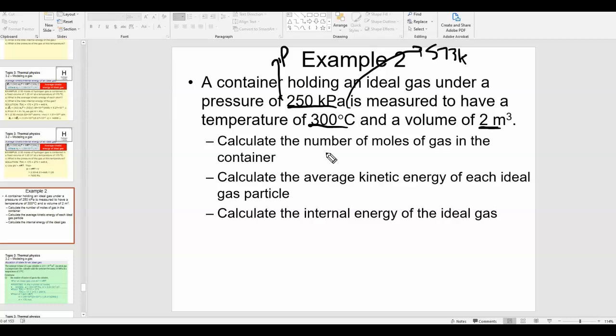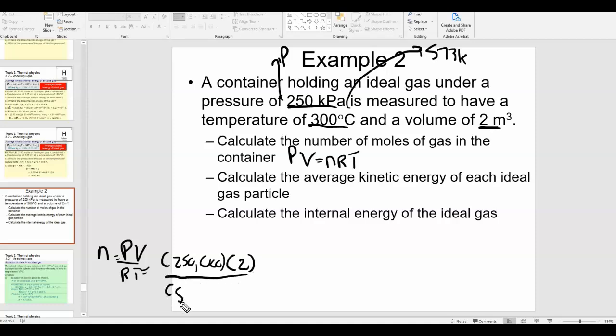Question 1 says calculate the number of moles of gas in the container. That is going to be an ideal gas law calculation, and I'm just going to find n. That would be PV divided by RT, and so this should be a simple calculation. 250,000 times the volume, which is 2, divided by R, the gas constant, which is 8.31, and the temperature, which is 573.